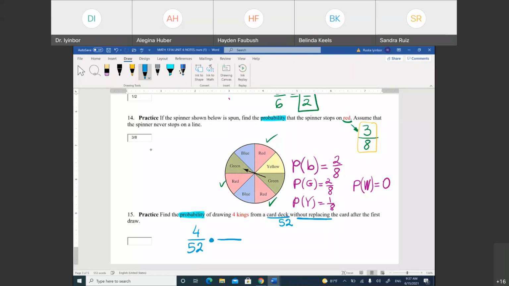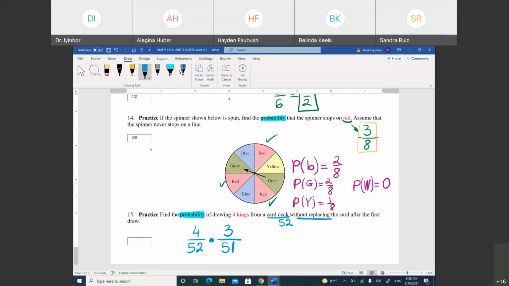So now, when you draw the second time, how many kings are in the deck? 3, that's right. And how many cards are inside the deck now? 3 out of what? 51. Good job, 51, because one card is out.